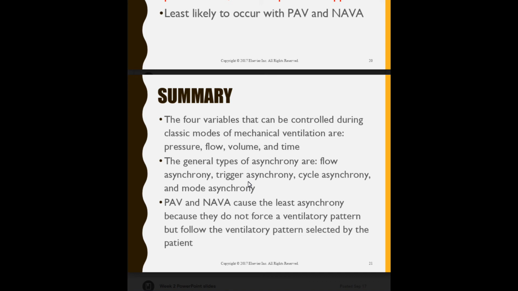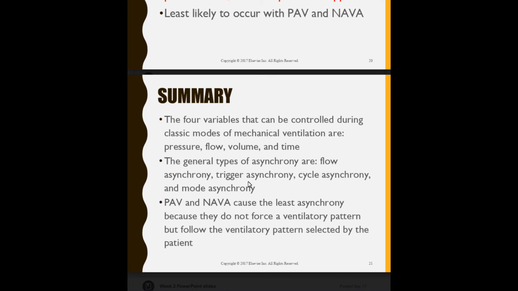I think with trigger we're dealing with pressure in terms of sensitivity. We want to make sure it's sensitive. So if the patient doesn't have an increased work of breathing, we set our trigger or our sensitivity one below their baseline, whether it be their PEEP as their baseline or auto-PEEP as their baseline.